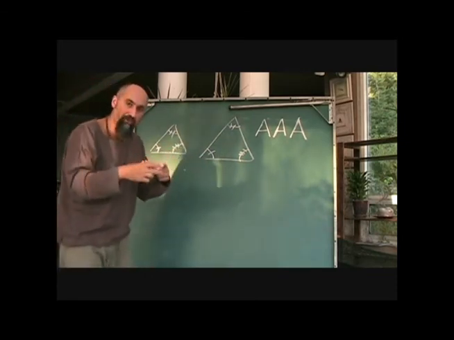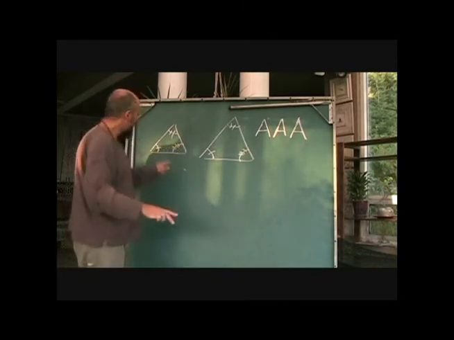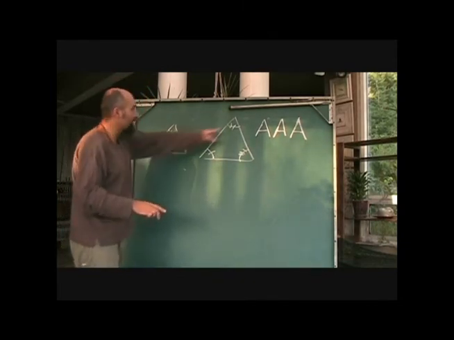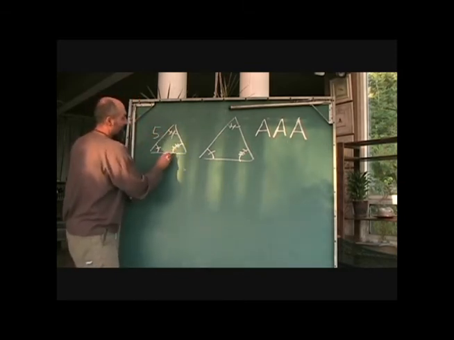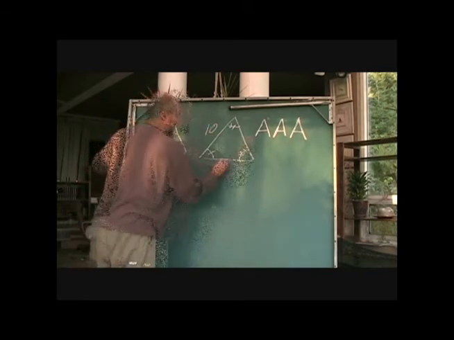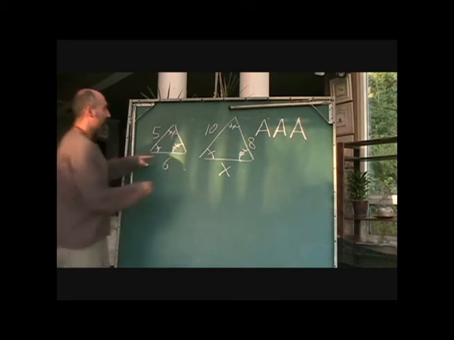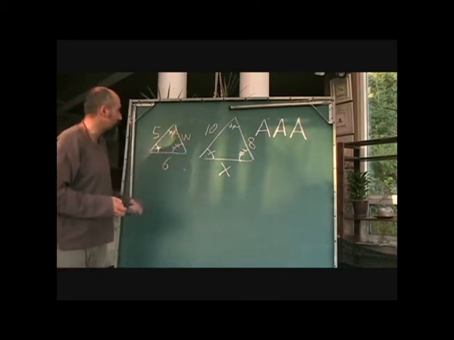They have the same ratio, same proportions, but one is a smaller version of the other. So if they tell you that all angles are equal, and they say this side is 5, this side is 6, and this is 10, and that's 8, what they're going to do is ask, what are the other sides of these triangles?